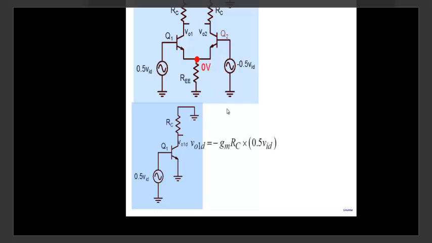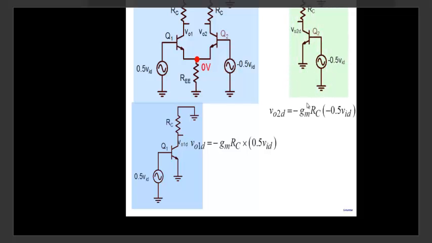All right. And then the circuit simplifies and you calculate whatever is the gain at this particular point. It's a simple common emitter amplifier. So it becomes GMRC times minus 0.5 VID. Similarly here, minus 0.5 GMRC times 0.5 VID. These are things that we have seen earlier, and you can calculate differential mode gain and RID and all that from a circuit of this kind.